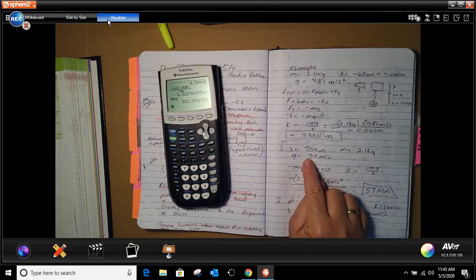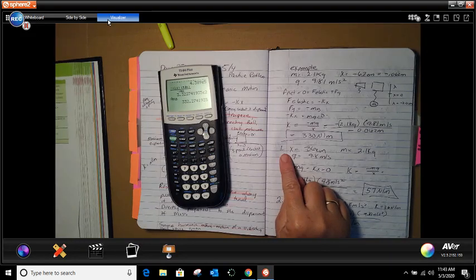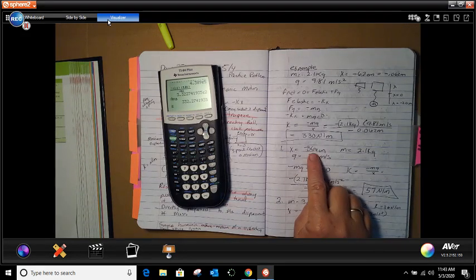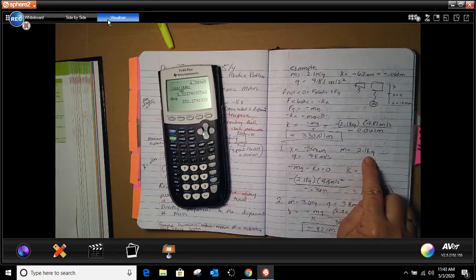Then the next one for question number 1 says, suppose the spring in sample problem A is replaced with a spring that stretches 36 centimeters from equilibrium. So we're going to do 36 this time. We're going to have gravity again, and the 2.1 kilogram mass.